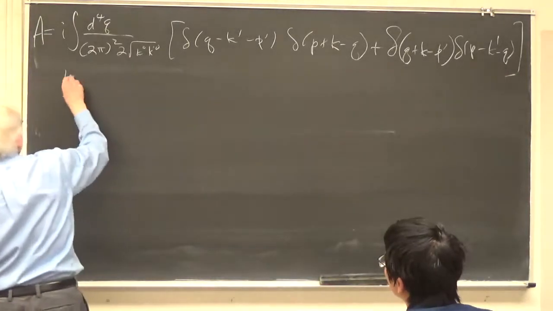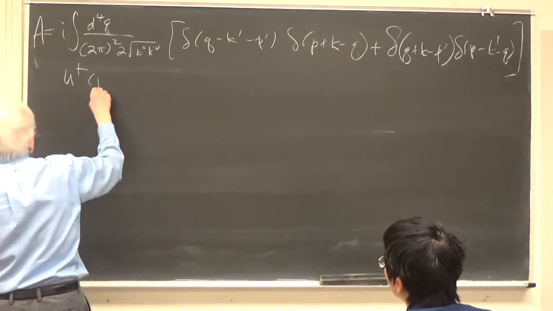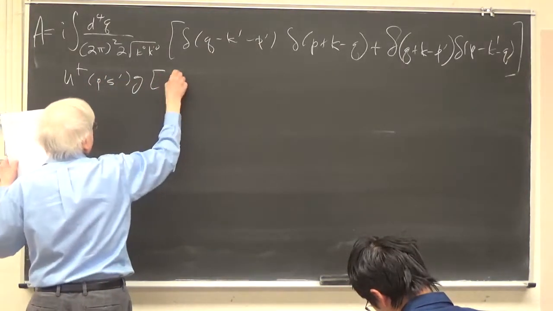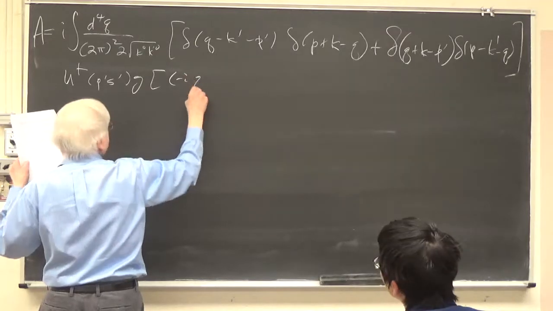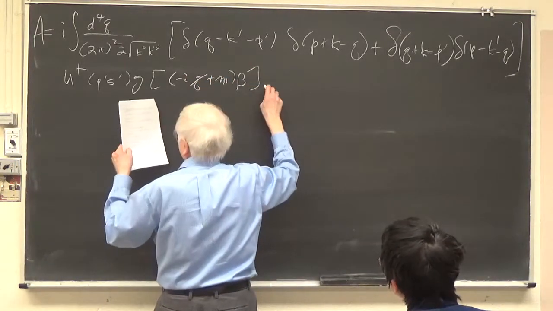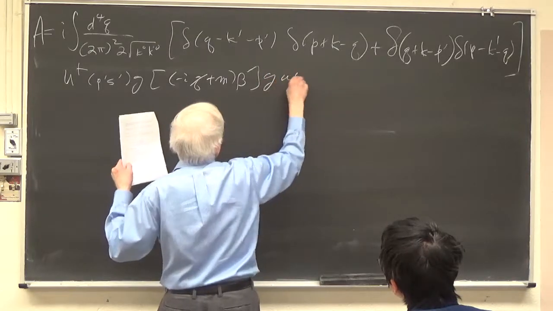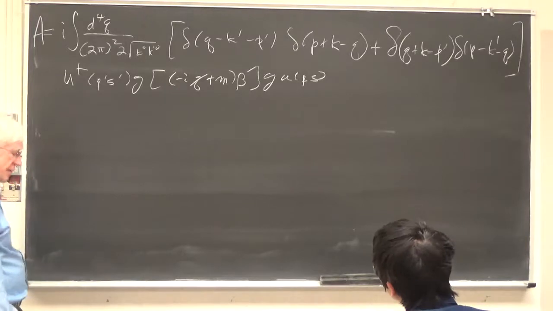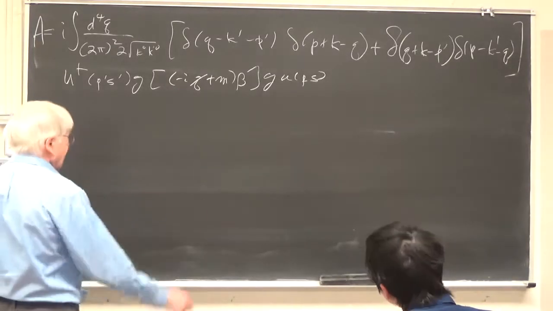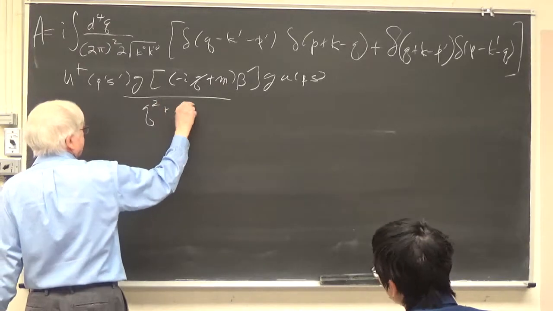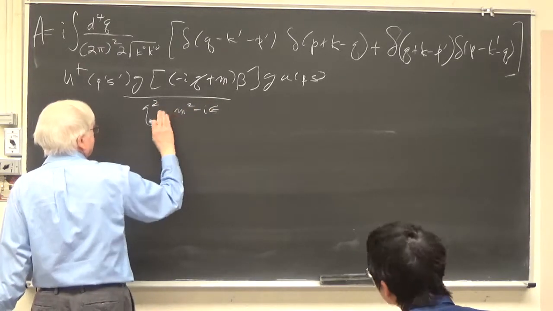And this is then u dagger p prime s prime g, minus i q slash plus m beta, g u of p and s. Oh, my shoulder is giving out. Over q squared plus m squared minus i epsilon.